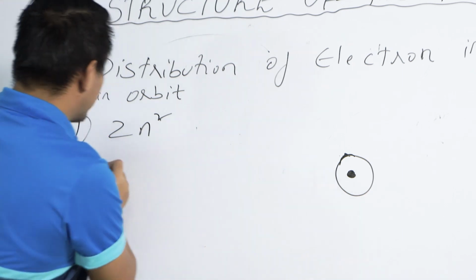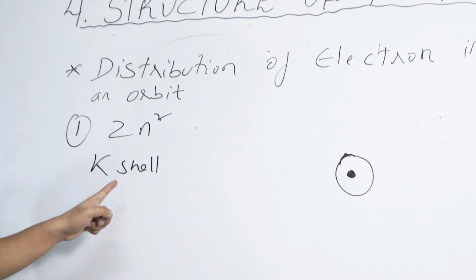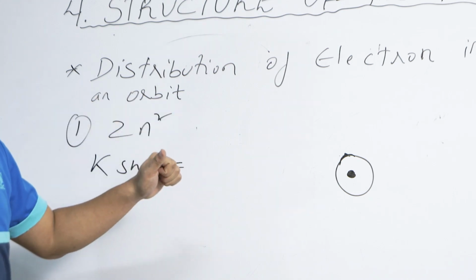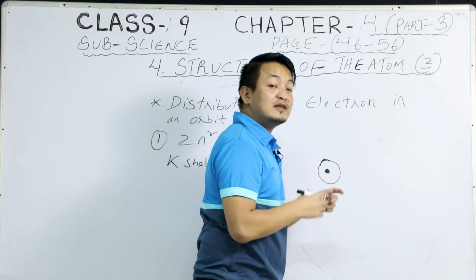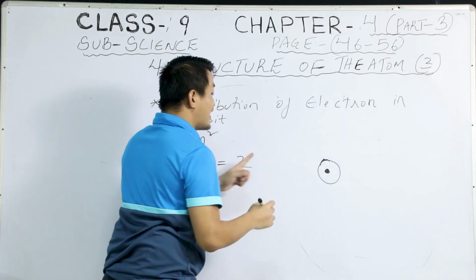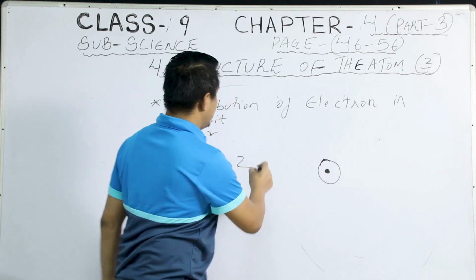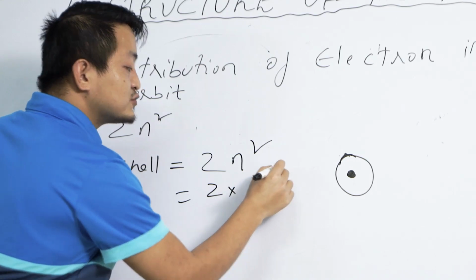Now for the K shell, the first shell, let's see how many electrons can be accommodated here. Here n means the shell number, so for the first shell we write 1 square.